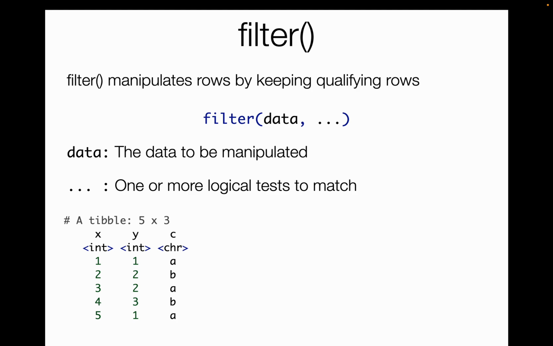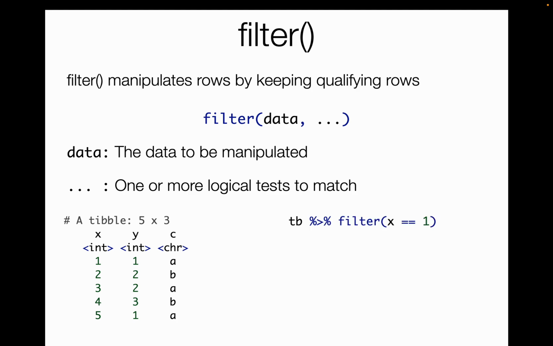The second one was when you have a varying number of inputs, and this is the varying number of inputs case. So I have a little sample tibble down at the bottom that has a combination of characters and integers, 3 columns X, Y, and C, and we're going to use that little tibble to see how filter works.